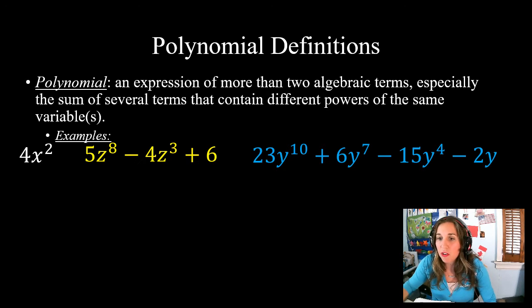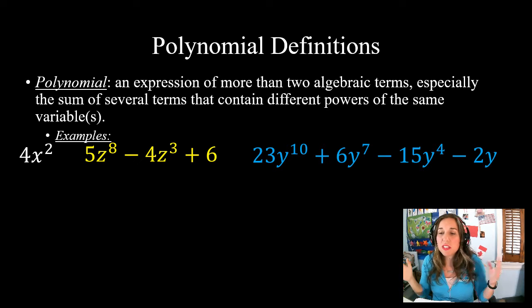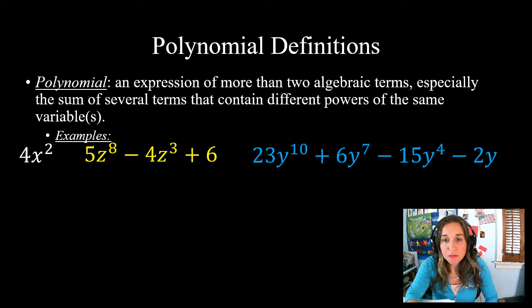This polynomial happens to have 1, 2, 3, 4 terms. You'll notice you can have addition or subtraction in there. It doesn't matter, but these are polynomials: many terms being added together, summed together, added, subtracted together. That is a polynomial.